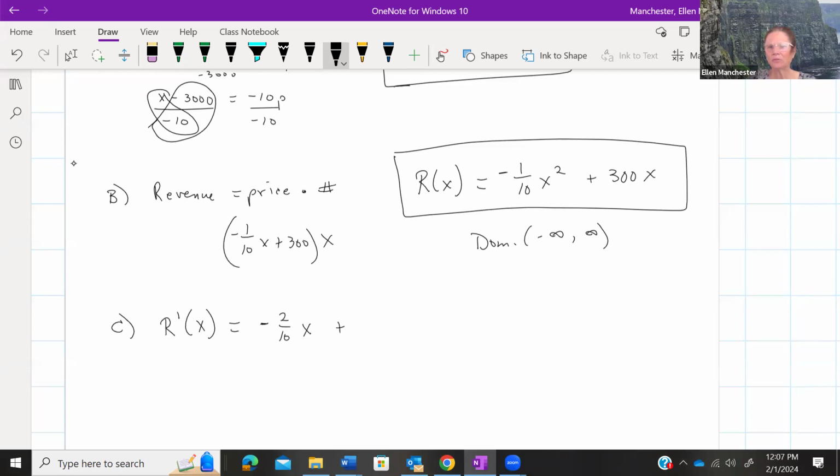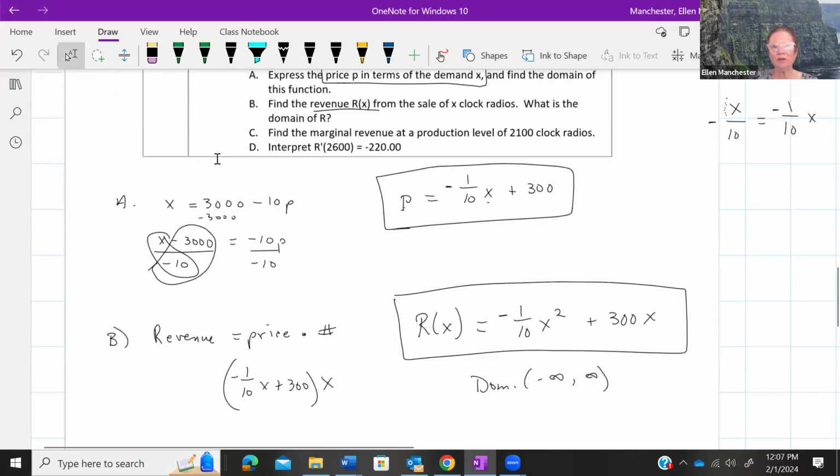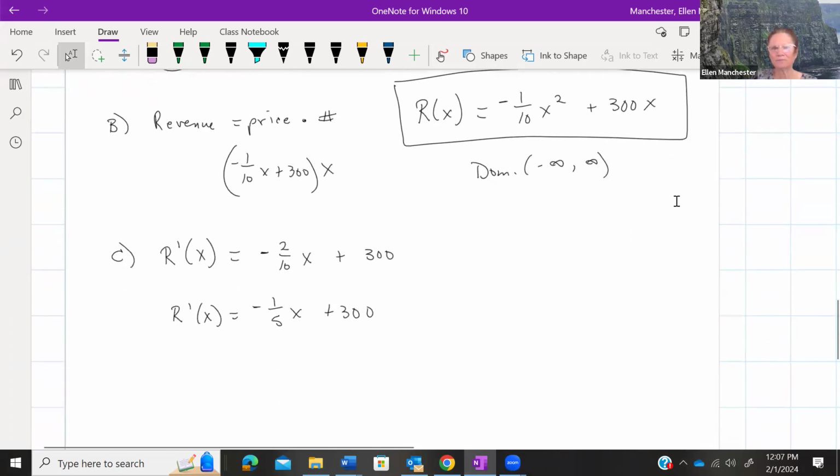And then 300x, the derivative is 300. So if I clean this up a little bit, negative 2/10 is negative 1/5 x plus 300. And then I want to know what's the marginal revenue at a production level of 2100 clocks. So I take out my x and I plug in 2100.